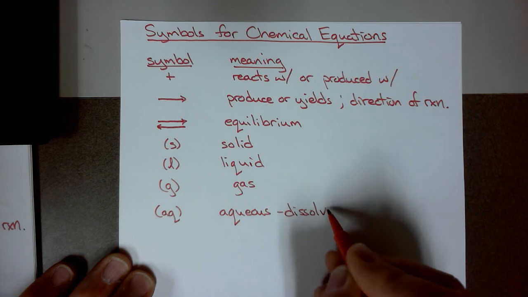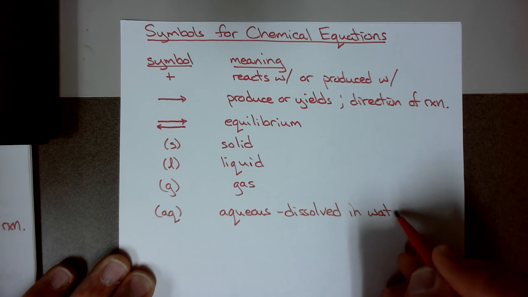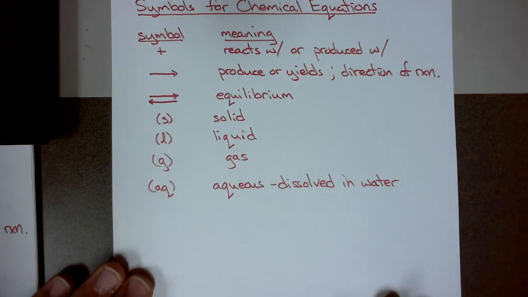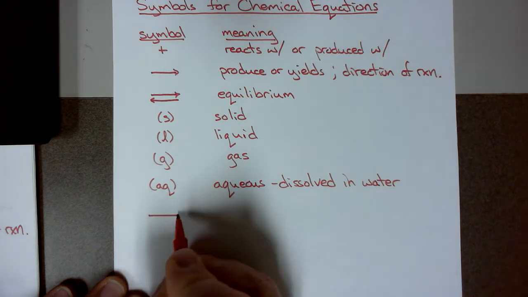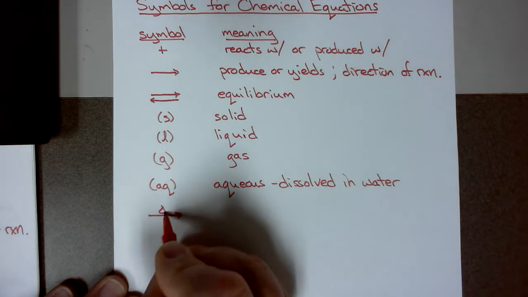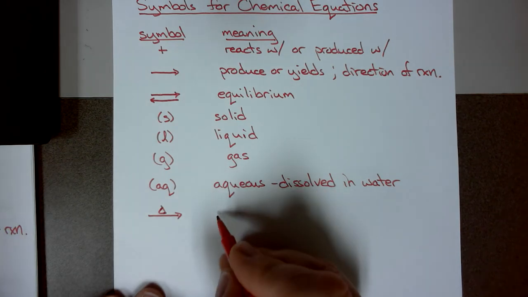Aqua stands for water, so dissolved in water. So that's a solution. Then we have, if you have an arrow with a delta sign over it, that's this triangle, that means reactants are being heated.